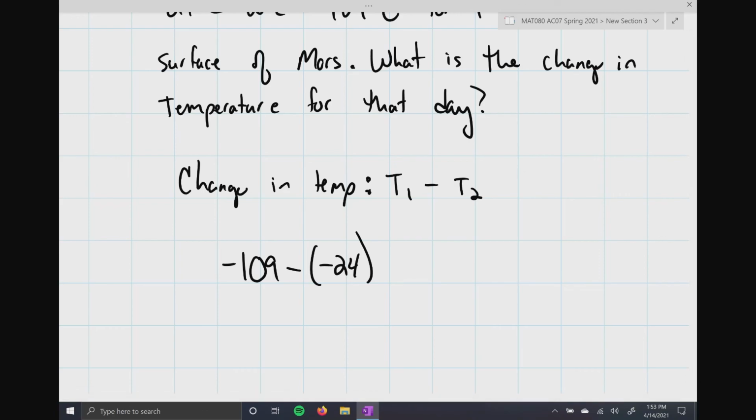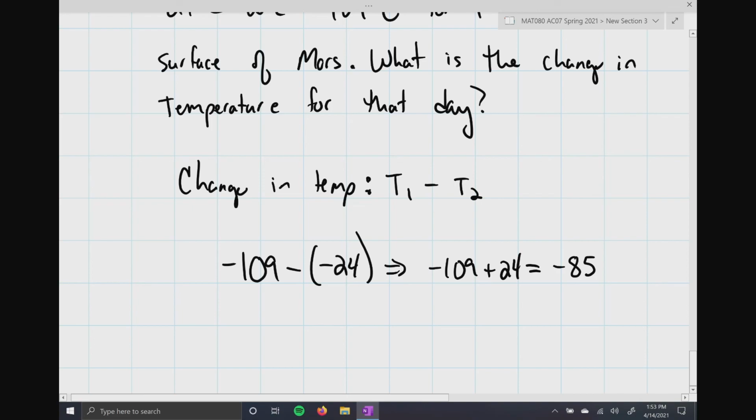Now to help us with this, we have two negatives back to back. So that means it's going to change to a positive. All right, and we get negative 85. So I know the distance between, now think about what I just said there, because I'm going to come back to that.